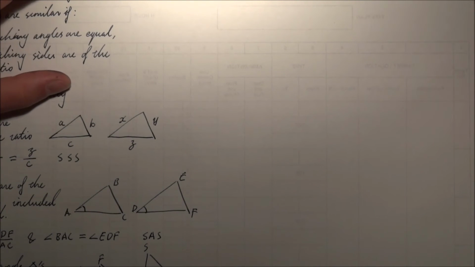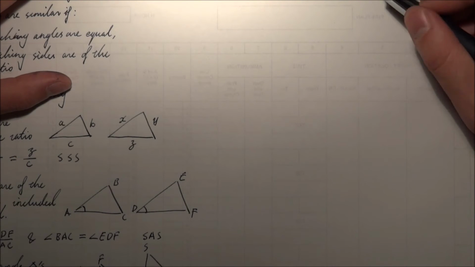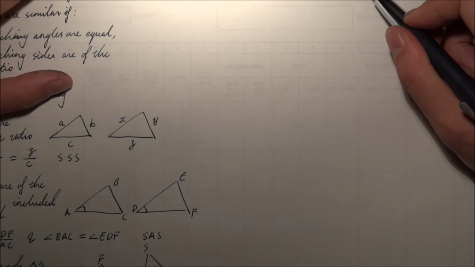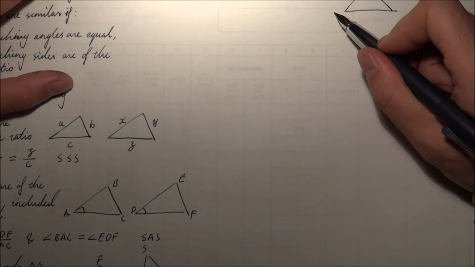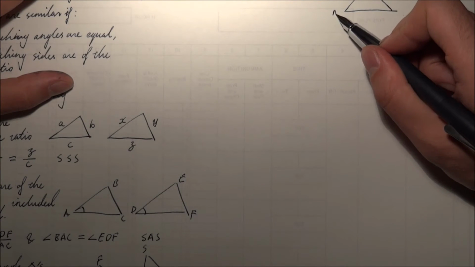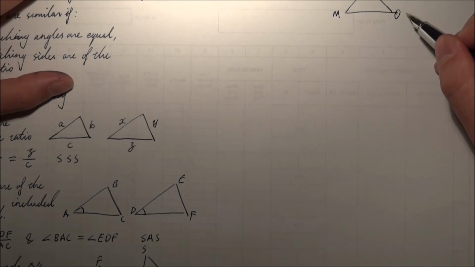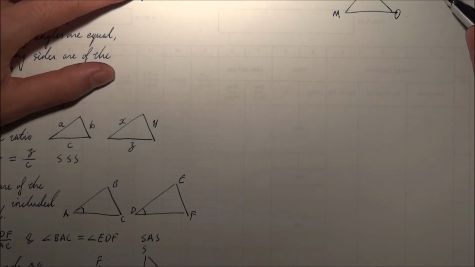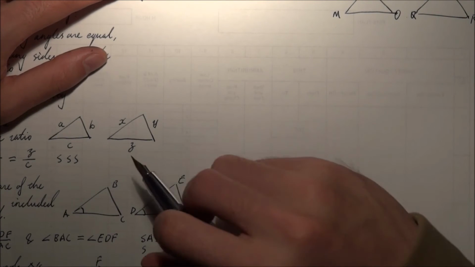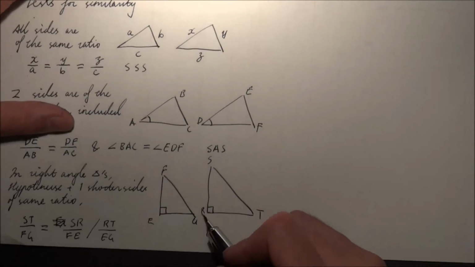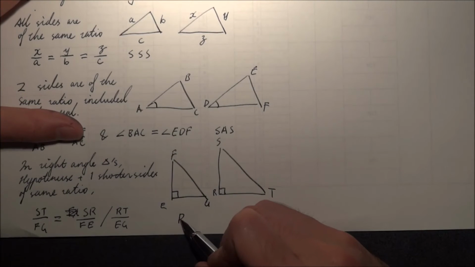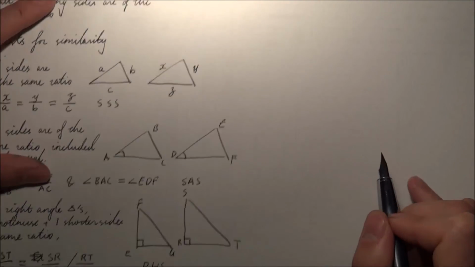So let's say two triangles, once again, M, N, O and another one Q, P, R. Oh, by the way, the shorthand for the previous one is, once again, still RHS.